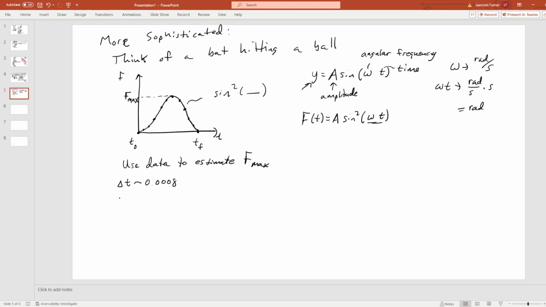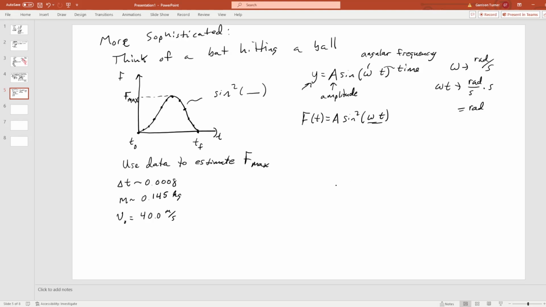And a baseball has a mass of about 0.145 kilograms. And incoming speeds, if you're in the major leagues and a major league pitcher is pitching at you, 90 to 100 miles an hour, that's like 40 up to about 48 meters per second. So let's say V initial is, let's just make it a nice number, 40 meters per second.